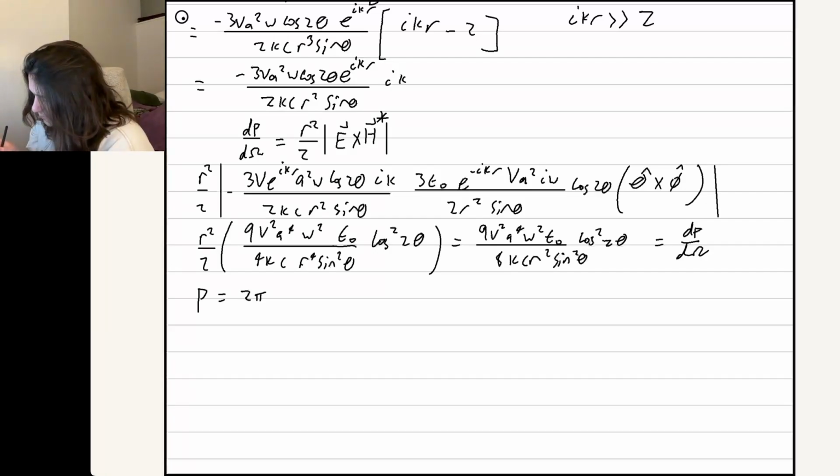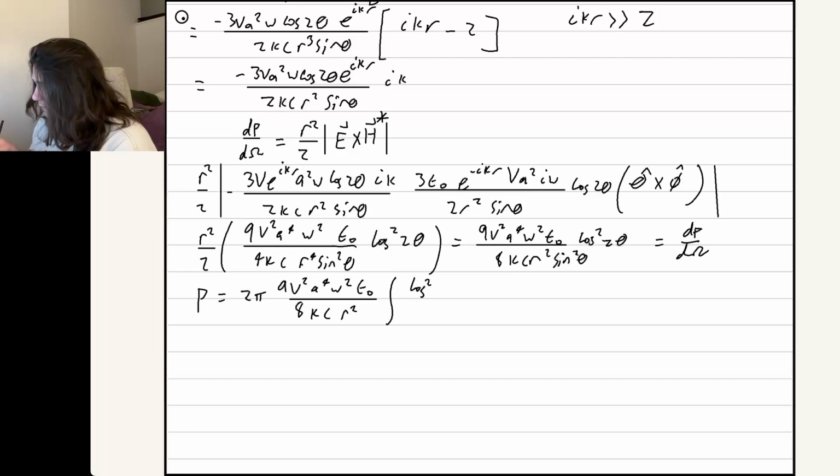So let me write all the prefactors out. 9v squared a fourth omega squared epsilon naught over 8kcr squared. And then it's the integral of cosine squared 2 theta over sine squared theta, d theta. Or actually sine theta d theta, because that's the proper integrand. Yeah, that's the proper Jacobian. And we're integrating from 0 to pi.